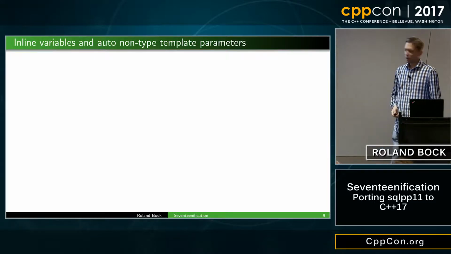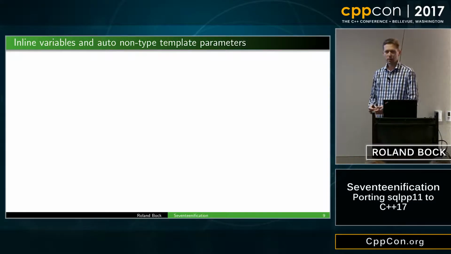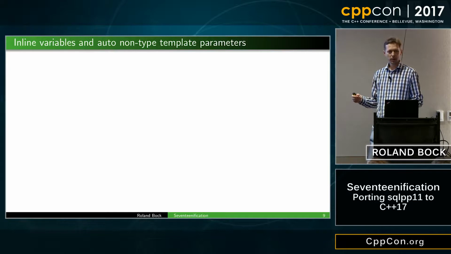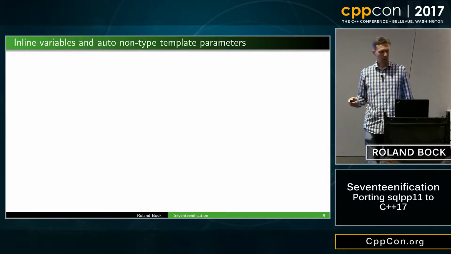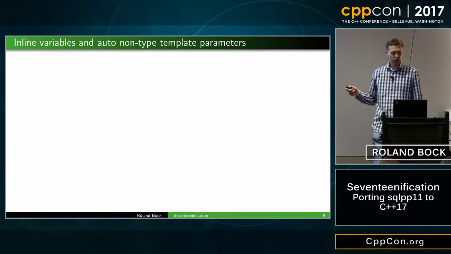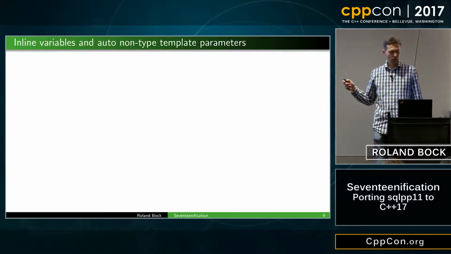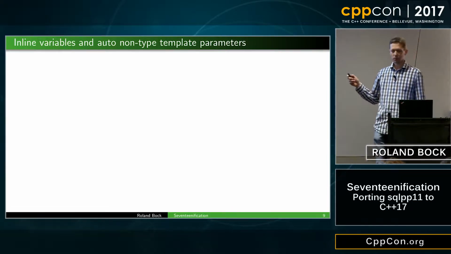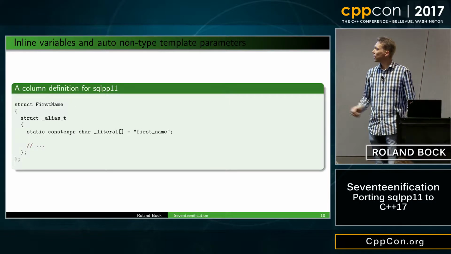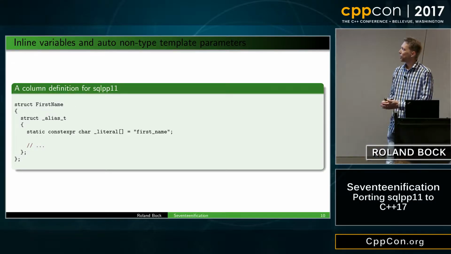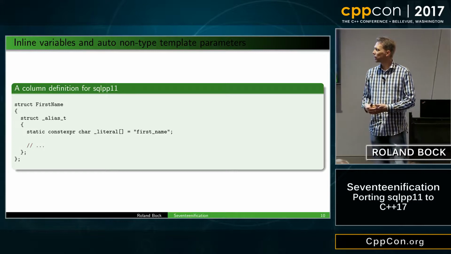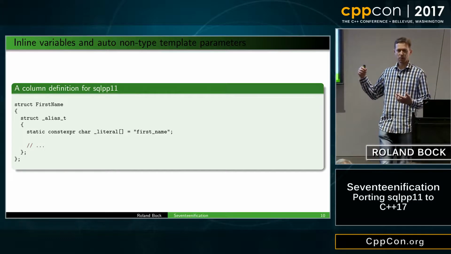Right. So, first we'll start off with a bunch of language topics, and then afterwards a few library topics. First is inline variables and auto non-type template parameters. So, in sqlpp11, we have to deal with names somehow.